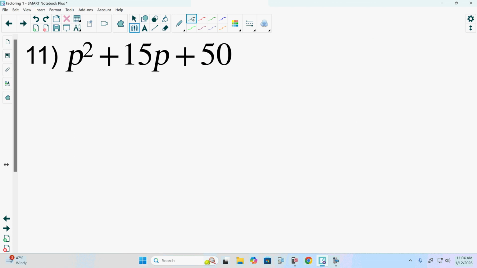p squared plus 15p plus 50. Well, there is no greatest common factor between p squared, 15p, and 50. So we can move on to our two sets of parentheses with three spaces.